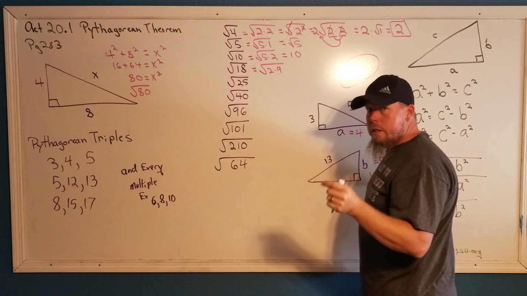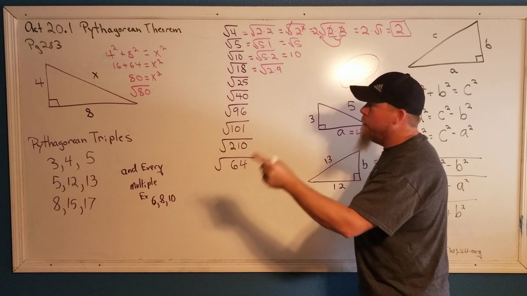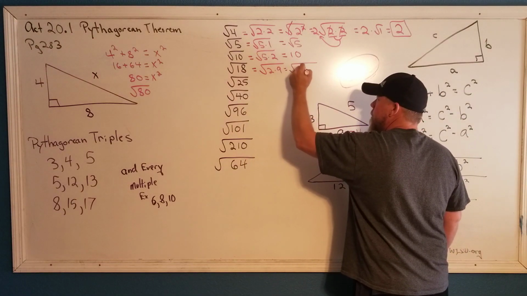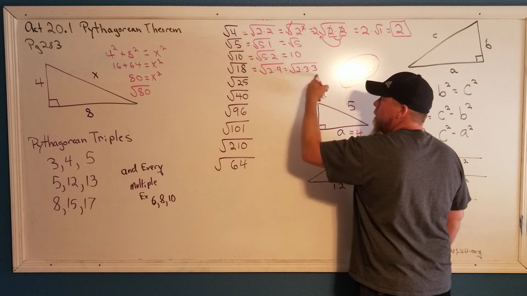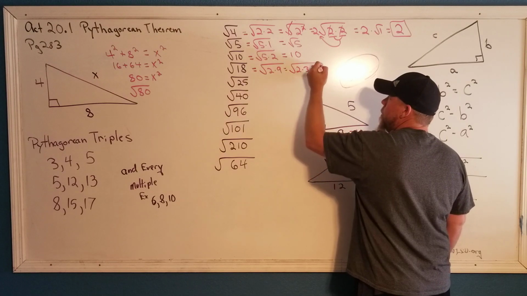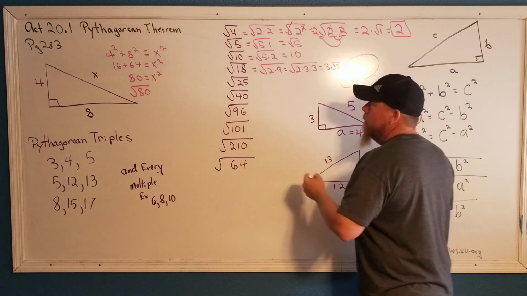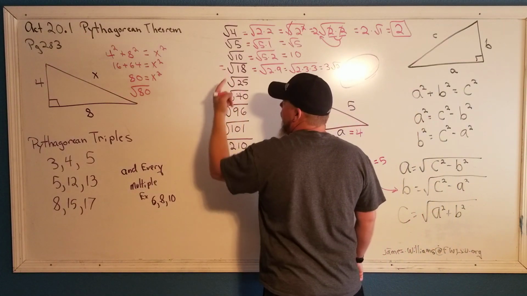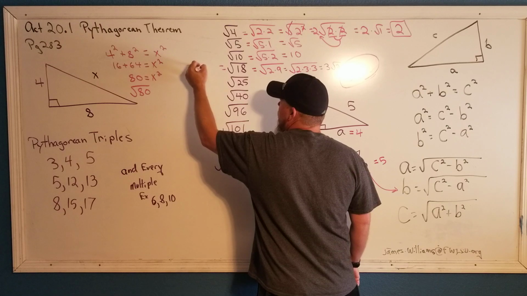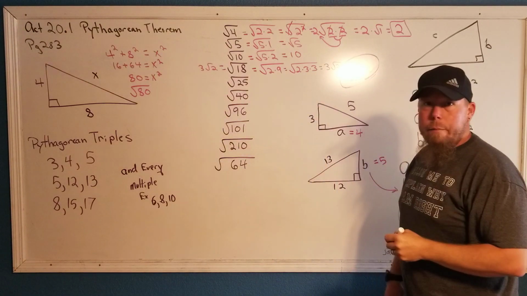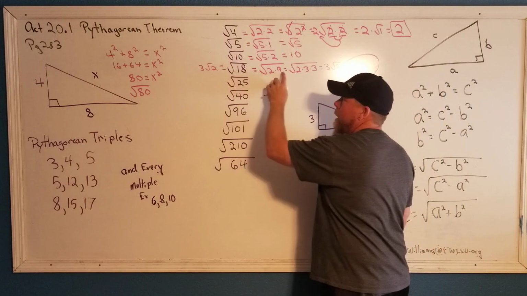You can either notice that the square root of 9 is 3 and you can put a 3 out front, or you can rewrite this as its prime factorization and write 2 times 3 times 3. Notice you have 2 3's, and so you can rewrite it with a 3 out front and the 2 left behind. The square root of 18 is equal to 3 root 2. Okay? And that 3 comes from the 9.